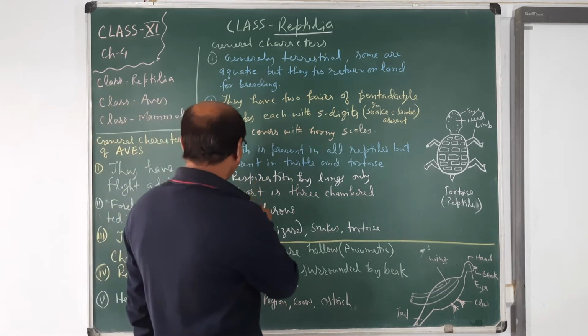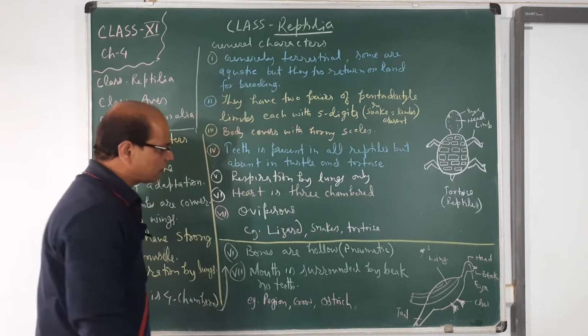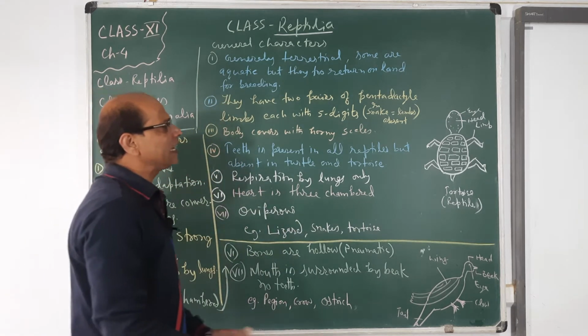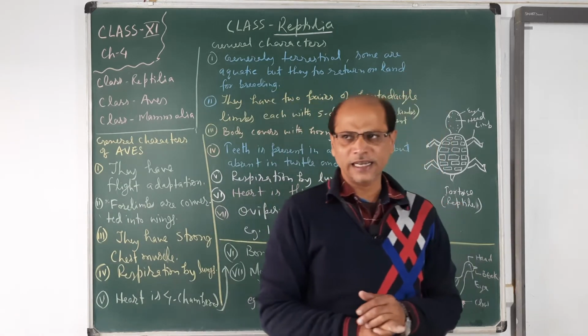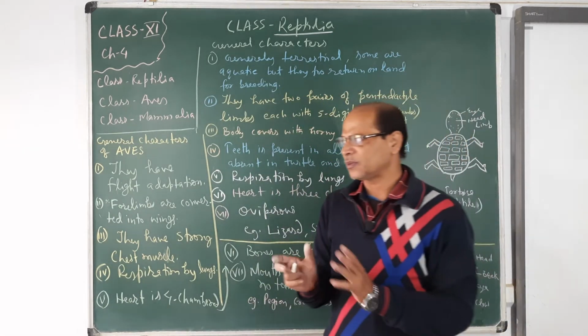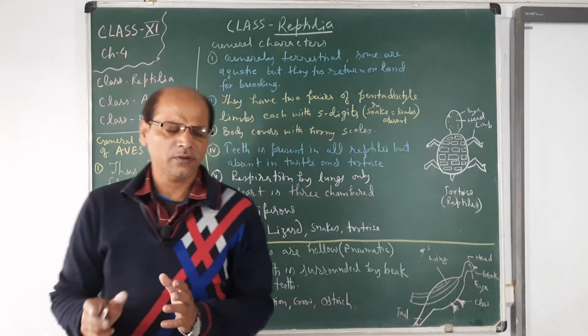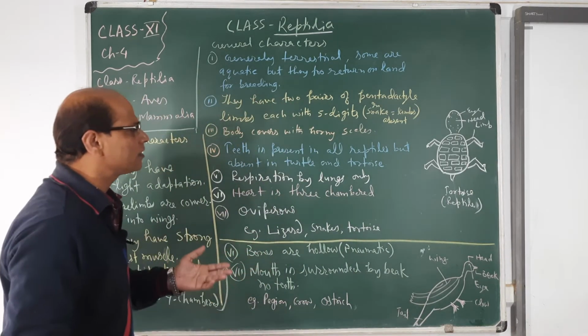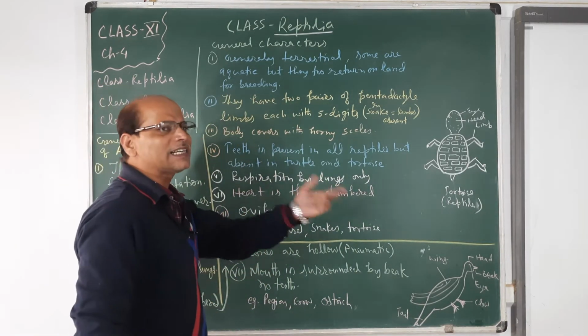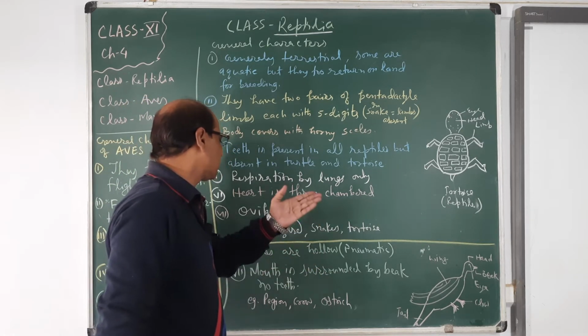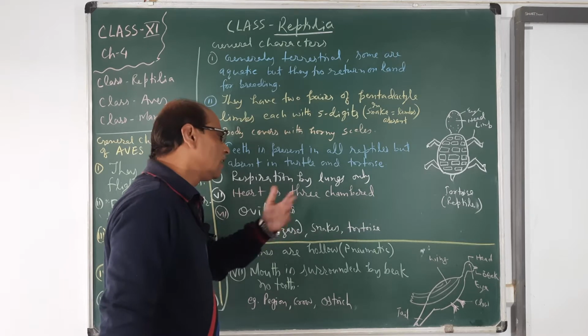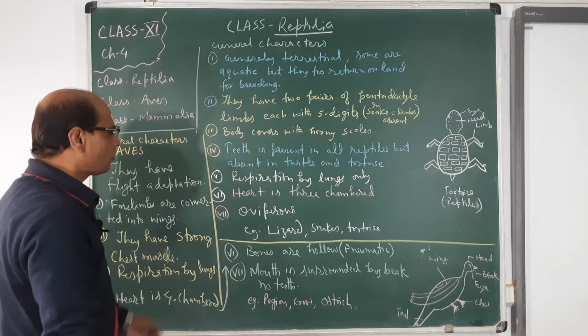Now they are oviparous in nature, meaning they lay eggs. As we know, reptiles are able to lay eggs, and they have internal fertilization and do the act of copulation, sexual reproduction, outside the water.